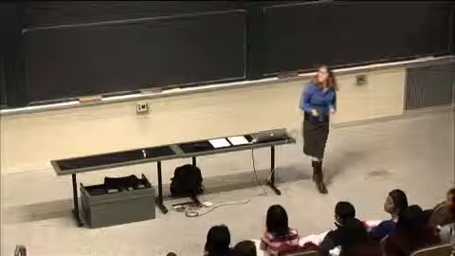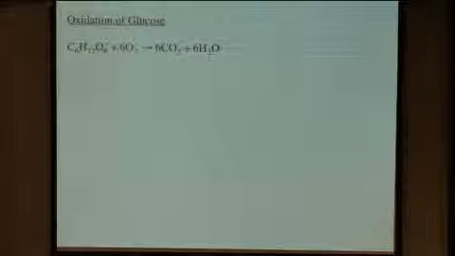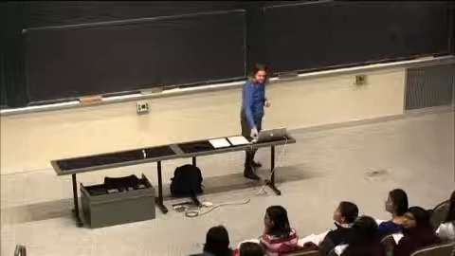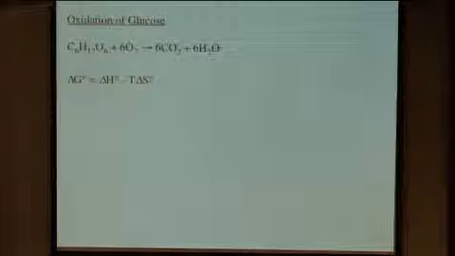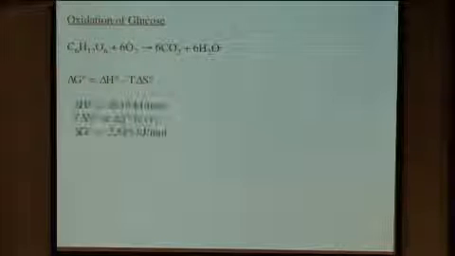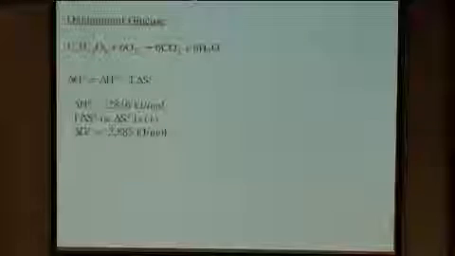So you're all familiar with this reaction. We have glucose and oxygen go to CO2 and water. And we've talked a lot about delta G for this reaction. Delta G, again, is equal to delta H minus T delta S. For this particular reaction, we have a negative delta H naught. So what does negative delta H mean about this reaction?